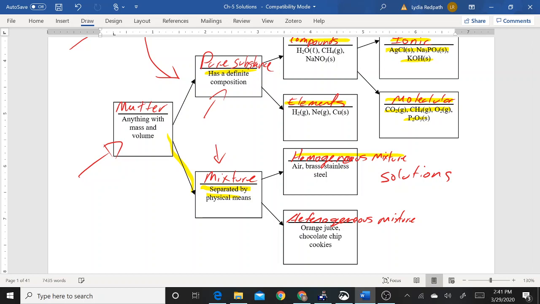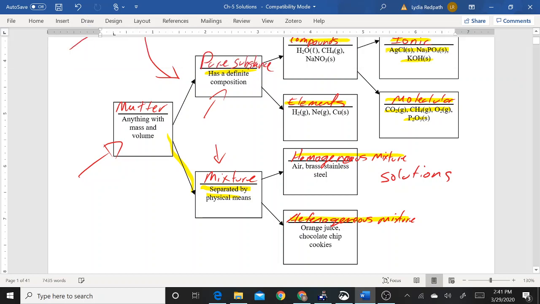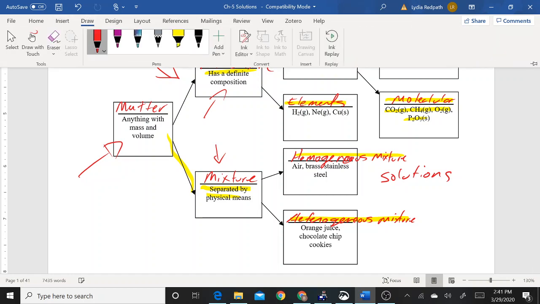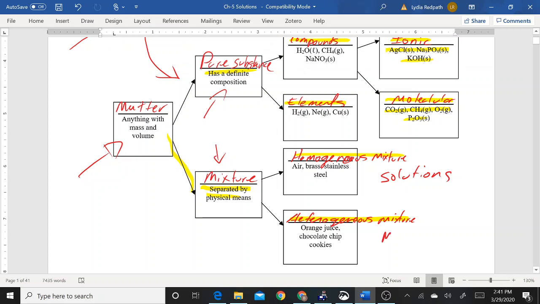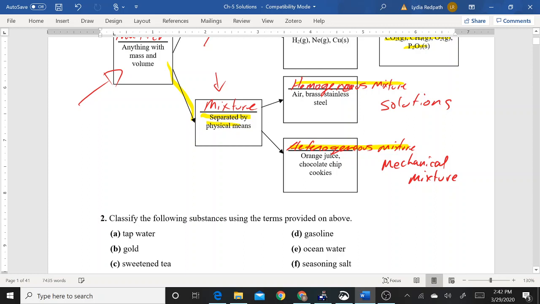And then we've also got heterogeneous mixtures, which you probably learned in earlier courses were also known as mechanical mixtures. Perfect. So again, that should be a ton of review.